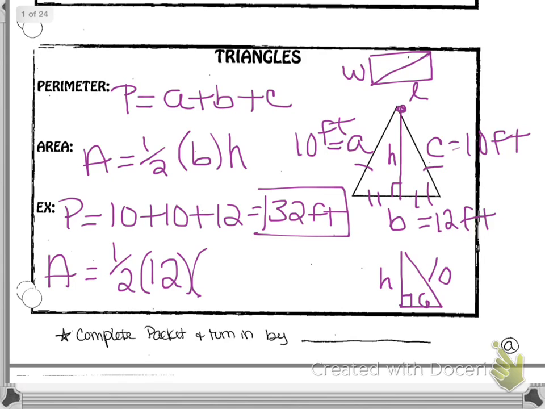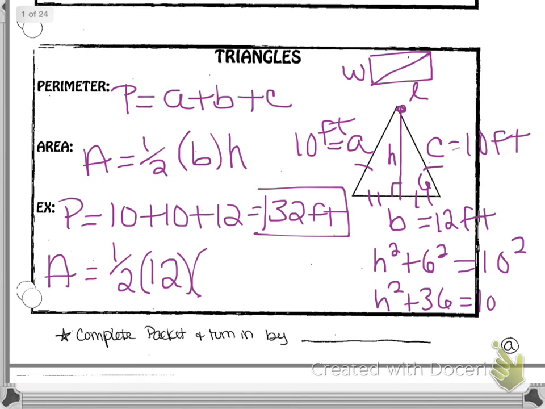Whenever we have two sides of a right triangle, remember that we can use Pythagorean Theorem. So we would have h squared plus 6 squared, and remember 6 came from the base here, is equal to 10 squared. This is also a Pythagorean triple if you recall, but if we keep going, we have h squared plus 36 equals 100.